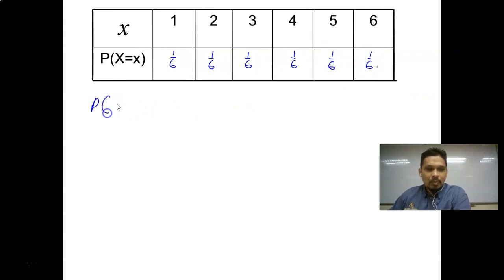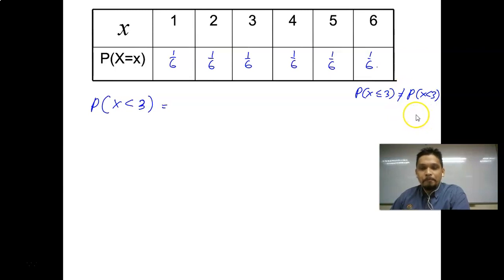So the probability of x less than 3. Since this is discrete, the probability of x less than or equal to 3 and the probability of x less than 3 are not equal.